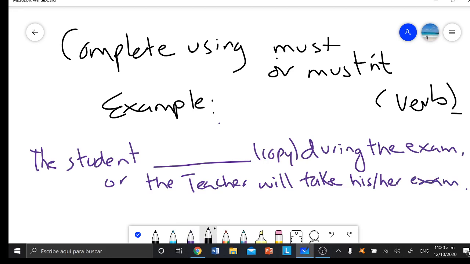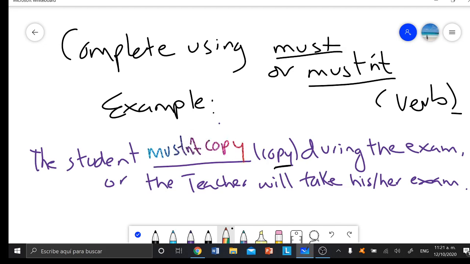Tengo que completar utilizando must or must not y ese verbo que está en paréntesis. Entonces, el estudiante debe copiar durante el examen o el maestro le quitará su examen o el estudiante no debe copiar. Pues obviamente que our answer, nuestra respuesta sería the student must not copy during the exam or the teacher will take his or her exam.